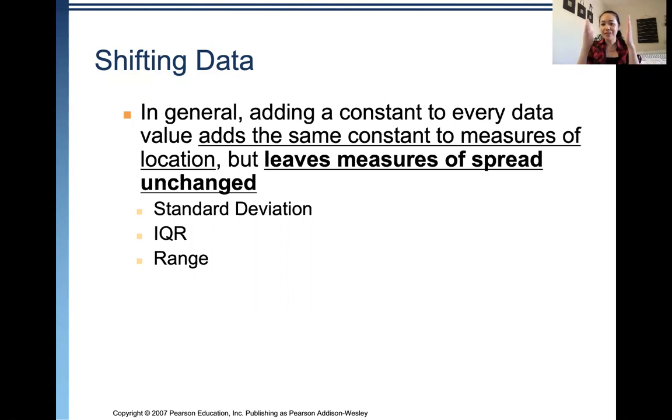If you think about it, this is your range, the space between your max and your min. If I shift it, the space between my hands doesn't change, so the range stays the same. In the same way, IQR and standard deviation don't change because the variation in the data doesn't change.